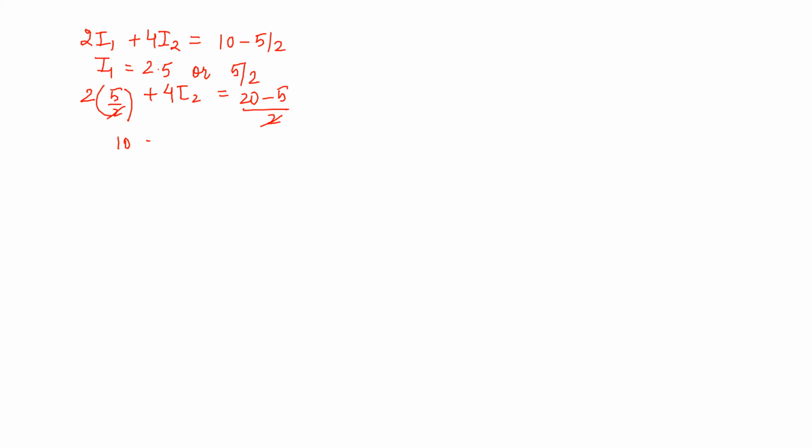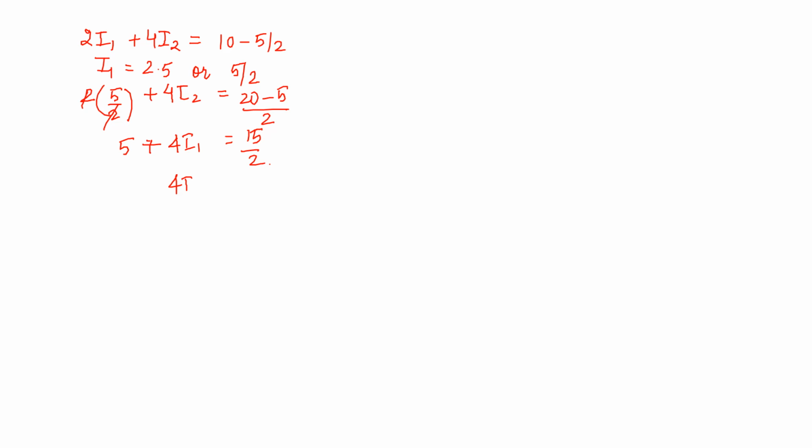Sorry, not exactly in this way. I forgot 4 doesn't have a 2. So this 2 and this 2 will cancel out. 5 plus 4I2 equals to 15 upon 2.